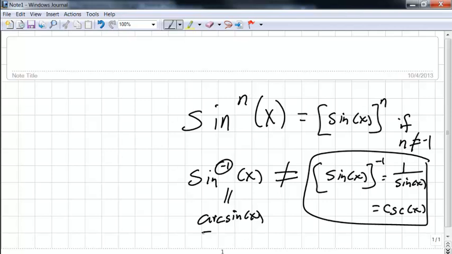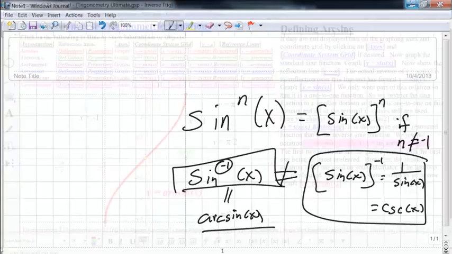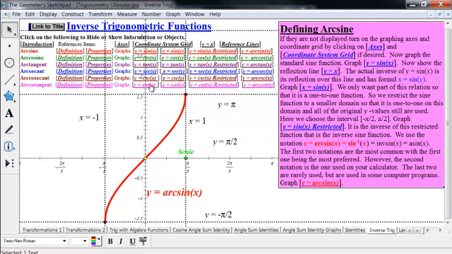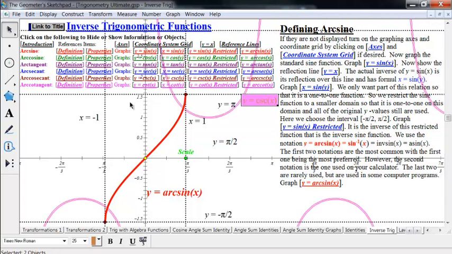So I prefer arcsine, but this notation is very, very commonly used, particularly on your calculator. So of course, this is the arcsine function, here is just the cosecant function, and those are extremely different looking graphs. Not even close.